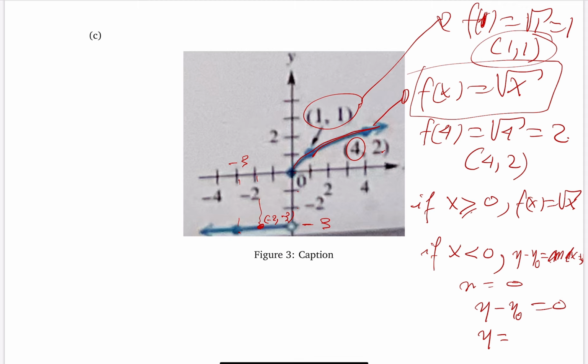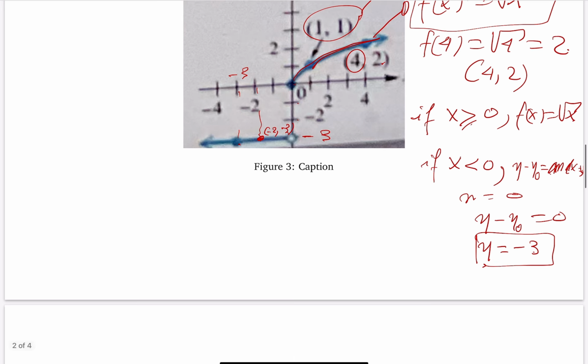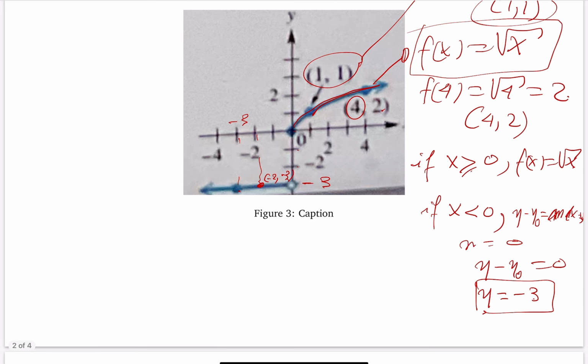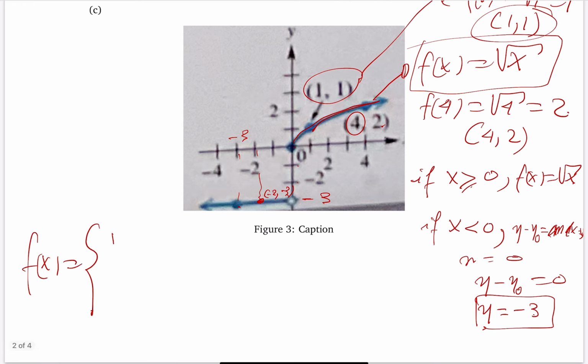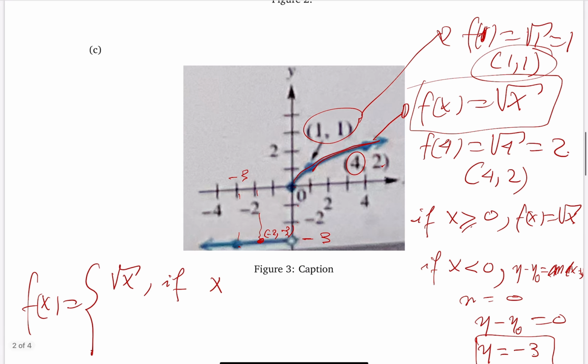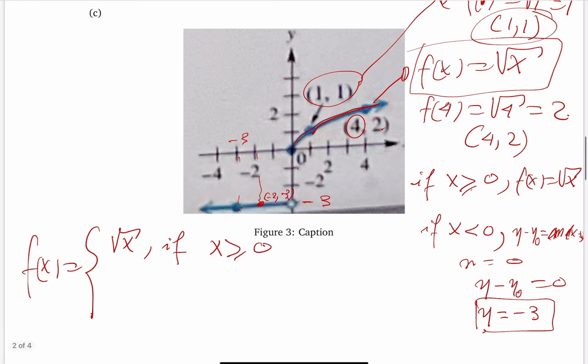Check y naught. Y naught is just -3. That's it. Now the piecewise function will look exactly like this: f(x) is equal to the square root of x if x is greater or equal to 0, and equal to -3 if x is strictly negative, and that's it.